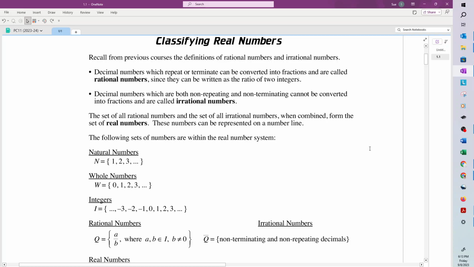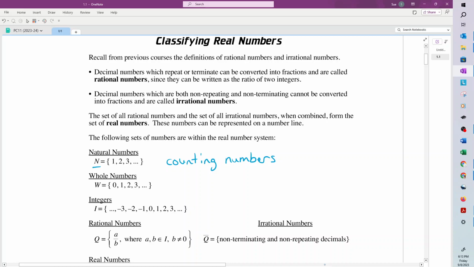So the natural numbers is the first and smallest set. They are symbolized with an N, and these are the counting numbers. They are the numbers that you learn when you first learn to count: 1, 2, 3, 4, 5, and as far up as you go.